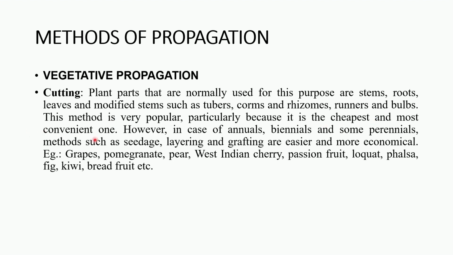In the case of annuals and biennials, it is very beneficial and also economical. Some examples for annuals, biennials and perennials are grapes, pomegranate, pear, West Indian cherry, passion fruit, fig, kiwi.